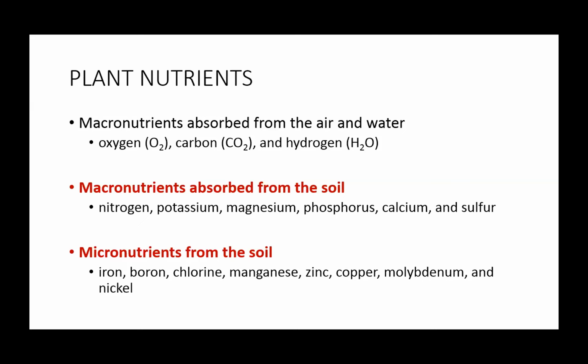The micronutrients, depending on what you're growing, right? I know some plants like roses are pretty fickle with some of their micronutrients. Our micronutrients are iron, boron, chlorine, manganese, zinc, copper, molybdenum, and nickel. So they tend to be the metals. They might only need a little amount of them, but if they're not in the soil, that's a problem, right?